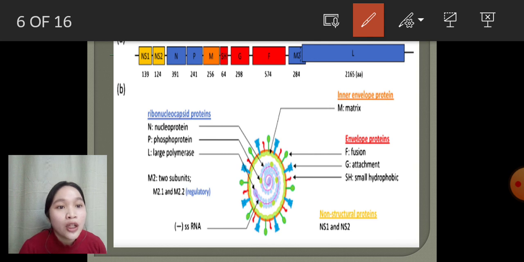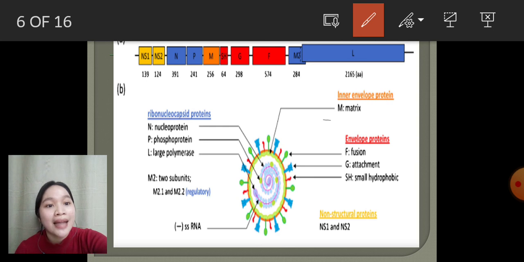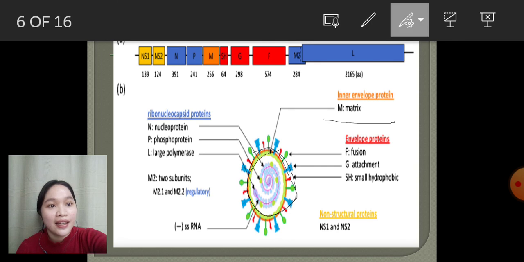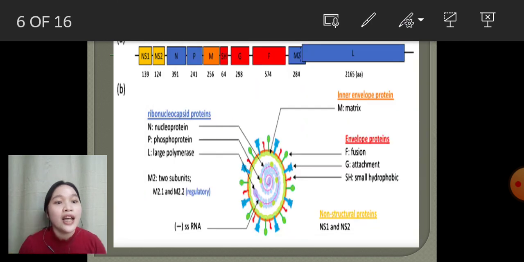Sa inner envelope protein naman natin, ito yung tinatawag na matrix M or yung color green na nakapaligid doon sa ating RSV cell. And yung envelope proteins na yung fusion niya, etong parang mga spikes ng ating RSV virus, sa structure natin.